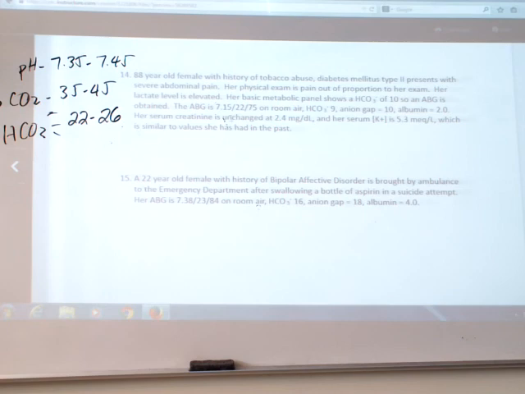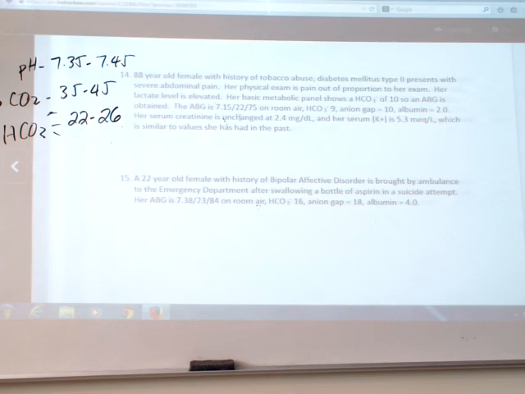Very easy now, isn't it? Oh wait, tobacco and then severe diabetes, abdominal pain. Oh my goodness. It's going to be metabolic acidosis. Compensating or uncompensated? That looks like it's compensating. One's going down, one's going up.